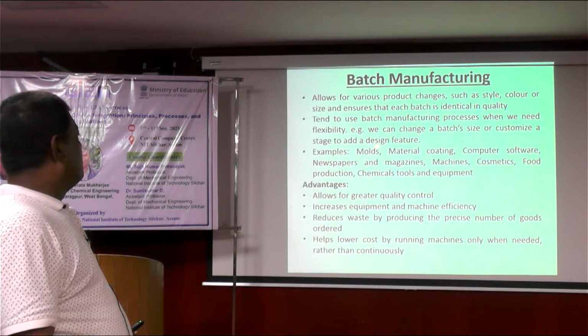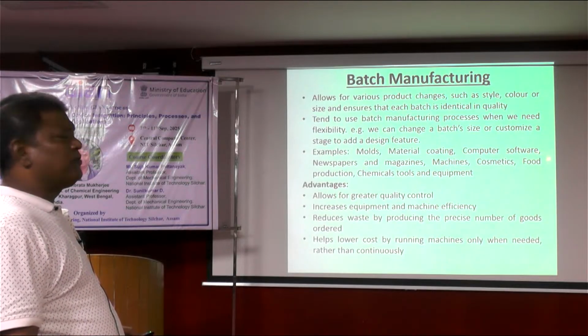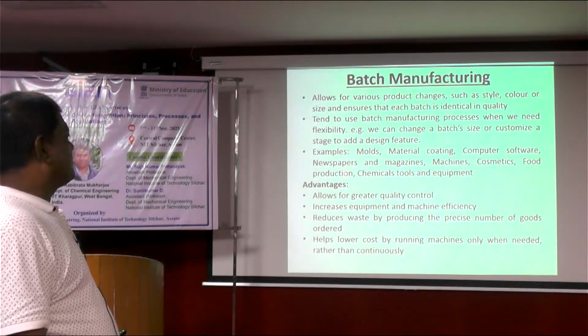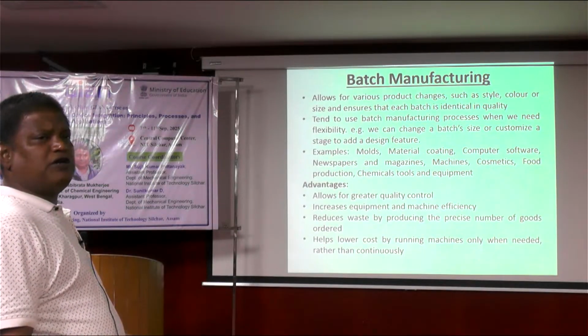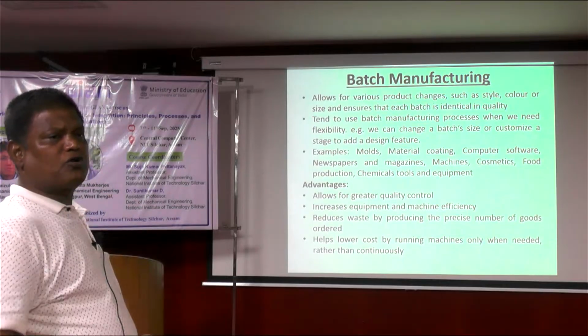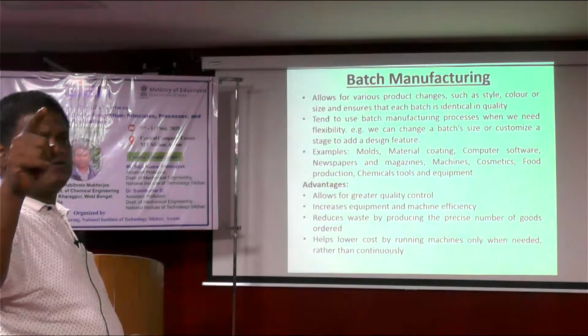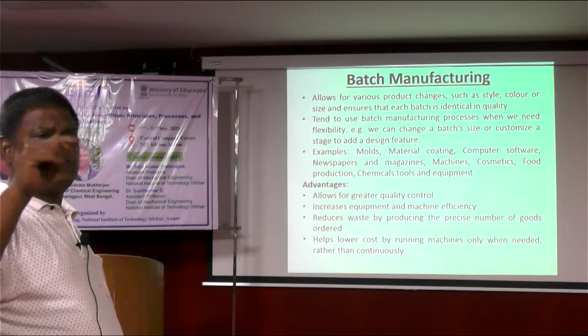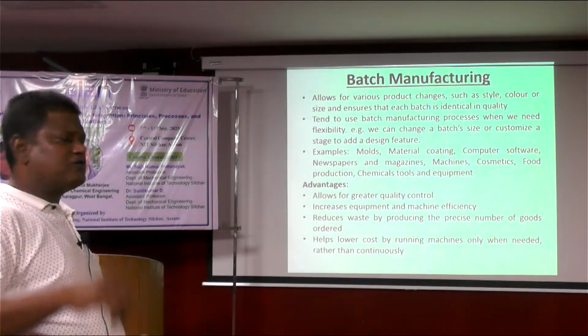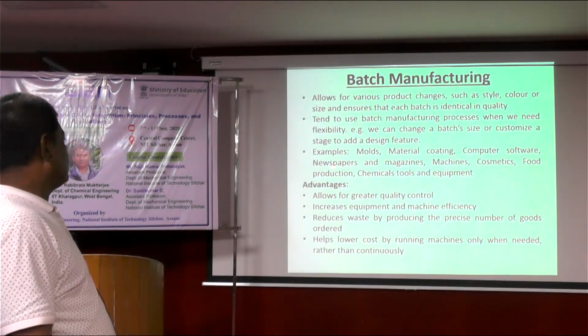Examples: molds, material coating, computer software, newspapers. Like computers are produced, then you need to install the software. One by one, first Adobe, then Microsoft Word, Office, whatever. So all this you will go in phases.